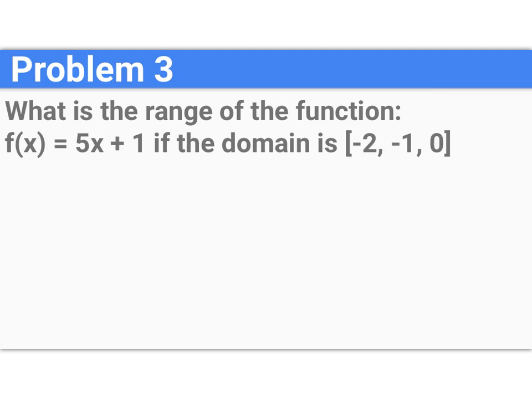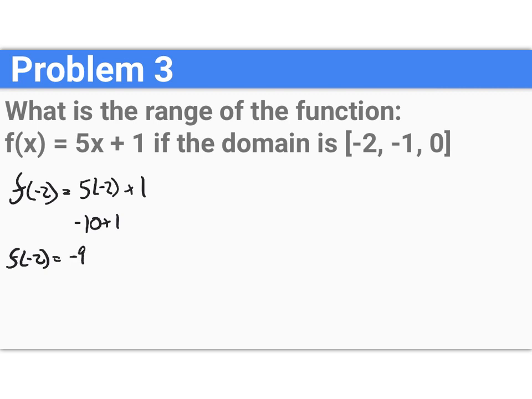And then finally, problem 3. We did not deal with any graphs in this lesson, but it will be coming up in a future lesson. So what is the range of the function? The domain is this set. So we're going to start with f of negative 2. 5 times negative 2 plus 1 gives us negative 10 plus 1. f of negative 2 equals negative 9.